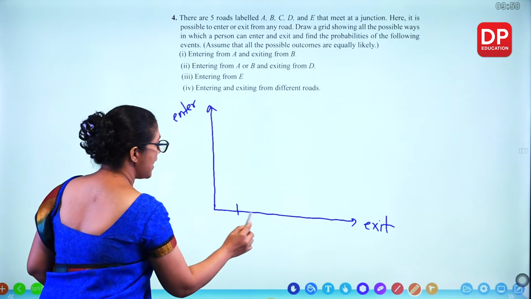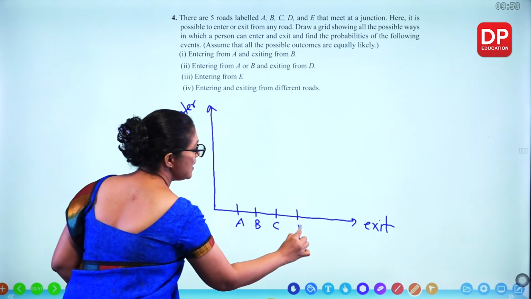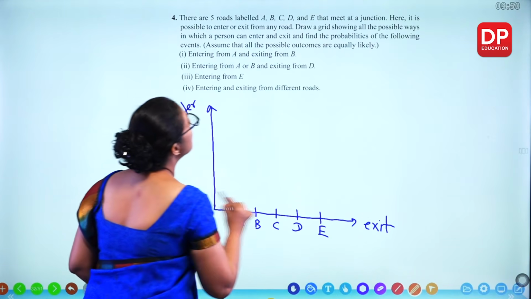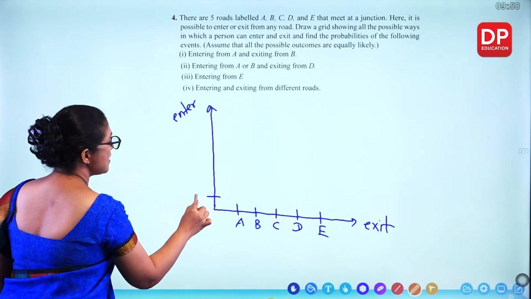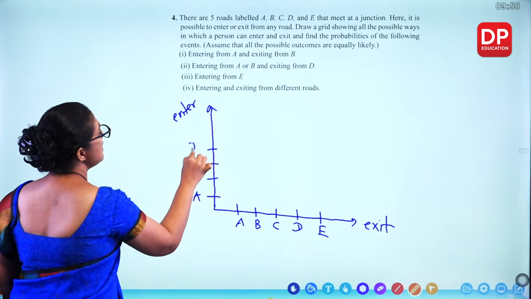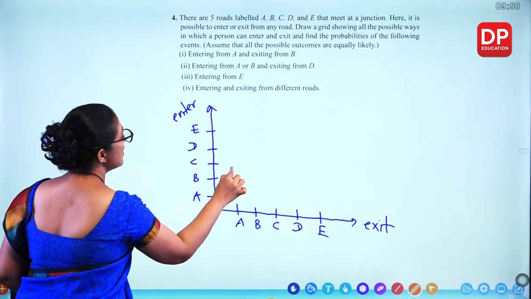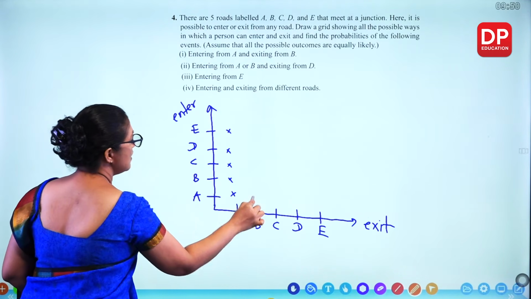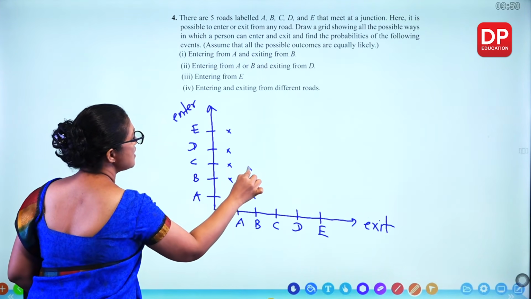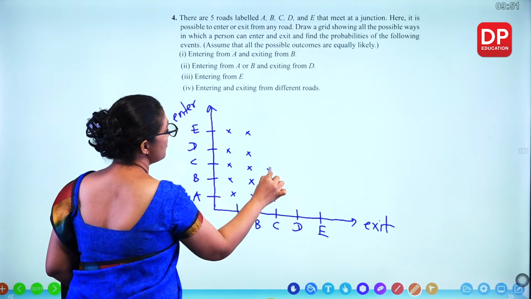You can exit from A, B, C, D, E, as well as you can enter from A, B, C, D, E. So these are the possible ways of entering and exiting from the junction.